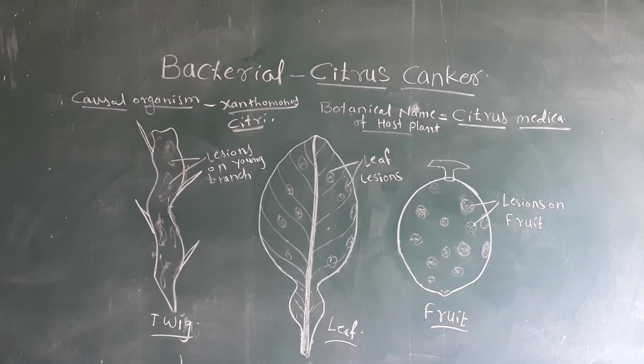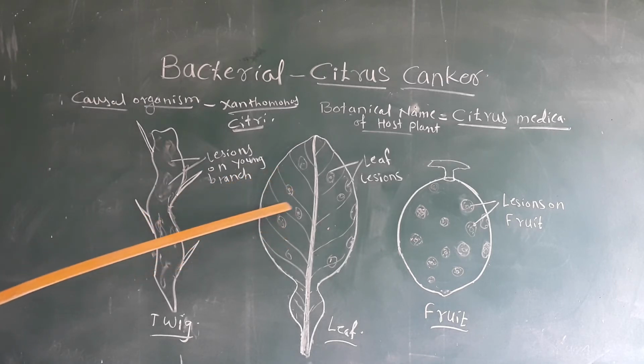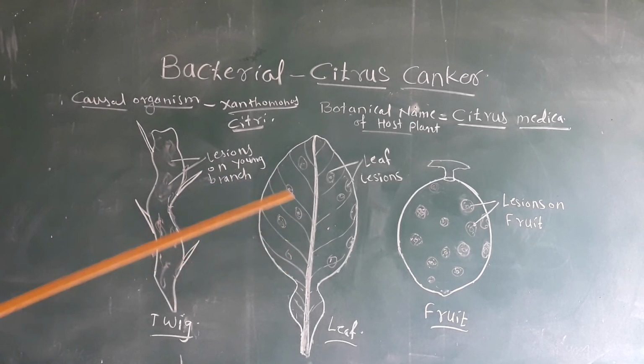The symptoms also occur on the leaves, where the lesions appear as small rounded structures, and first the symptoms can be found on the lower surface of the leaves.